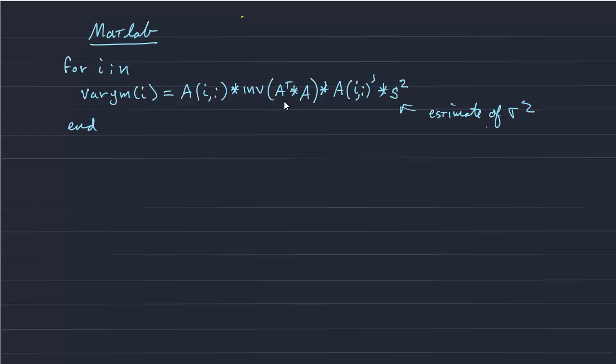And then we take the inverse of A transpose A, multiply that by the row of A, but we have to take the transpose of that to carry out the multiplication. And we have our estimate for the variance of y about the linear trend or the regression trend.